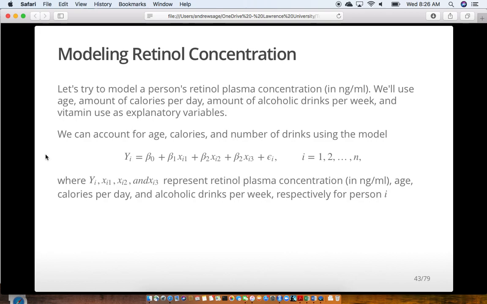To start off, let's just consider trying to predict someone's retinol plasma concentration using age, number of calories consumed per day, and number of alcoholic drinks consumed per week. We have an intercept term plus 3 explanatory variables and a random error term.